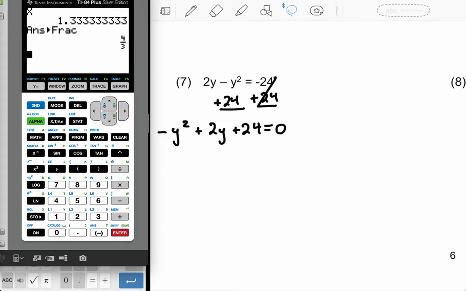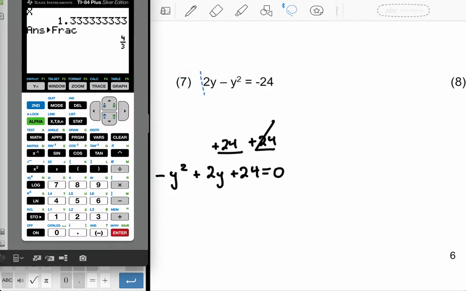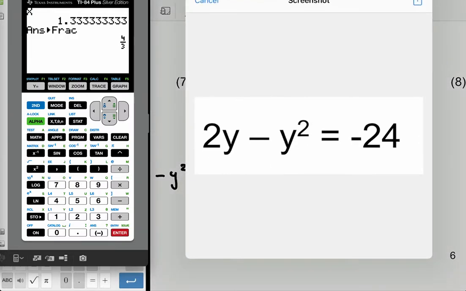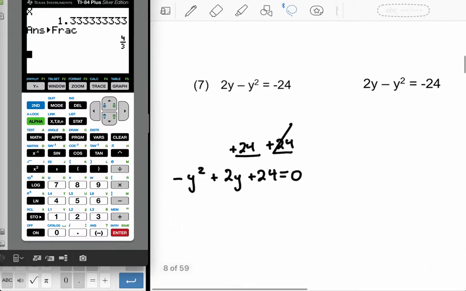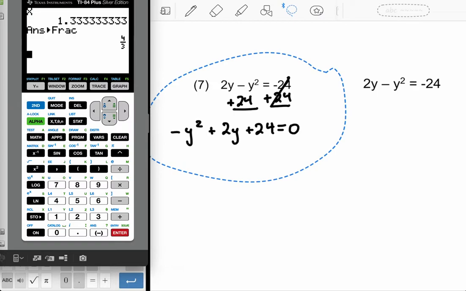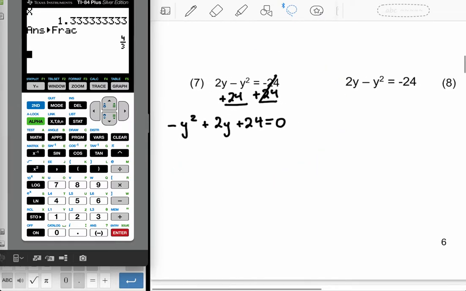Another way, so let me duplicate real quick. Oops, I didn't use my lasso. The other way would be to move everything over to the right-hand side.